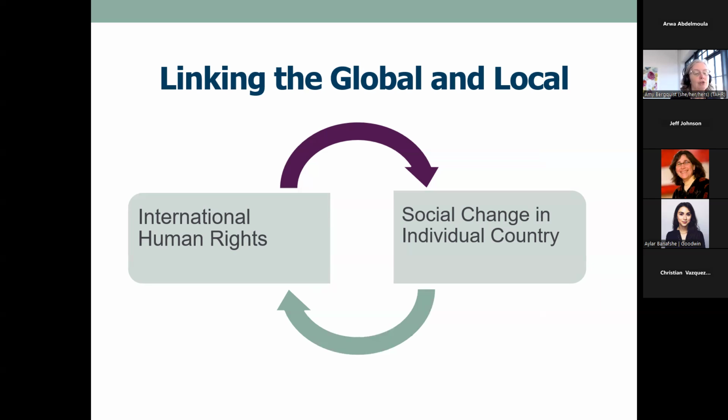That's what you're helping them do right now: get that on-the-ground information into the hands of people in power at the United Nations, the experts at the United Nations. And then those experts in turn use their influence to press the governments in those countries to move toward abolition of the death penalty. So it's this virtuous cycle of exchange of information and exchange of advocacy that we help facilitate in our role at the Advocates for Human Rights.